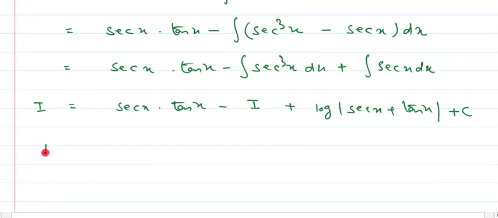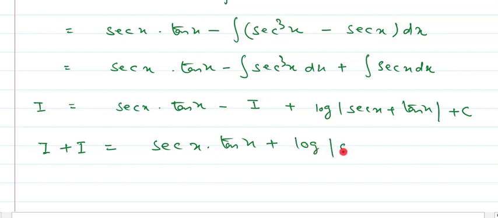Okay, so now take this I to the left hand side and it will be plus I over here. So 2I is equal to secant x into tan x plus log sec x plus tan x plus c.